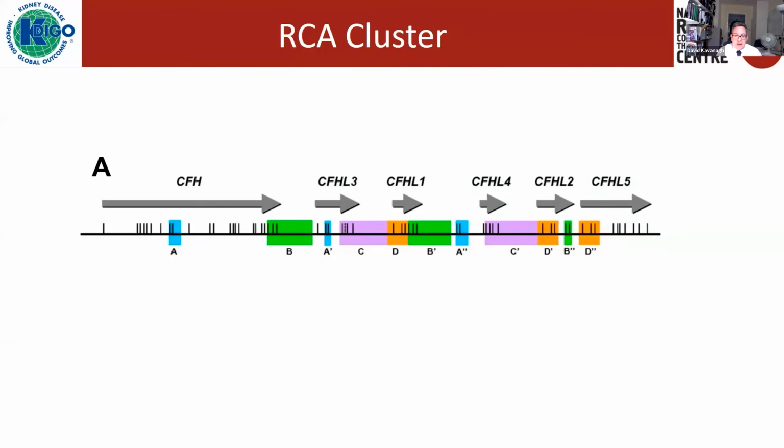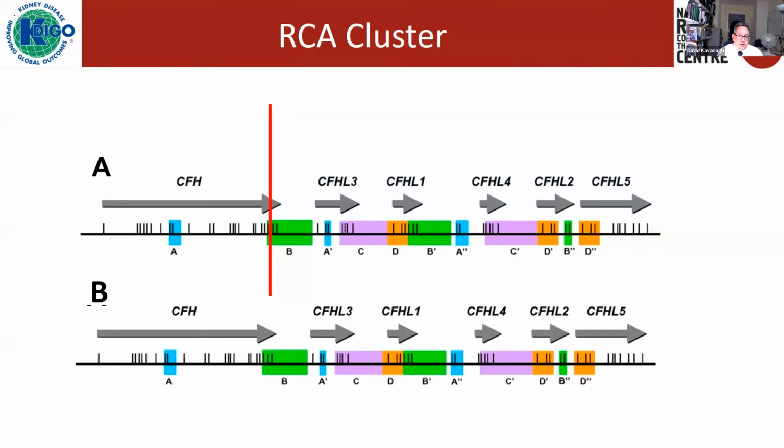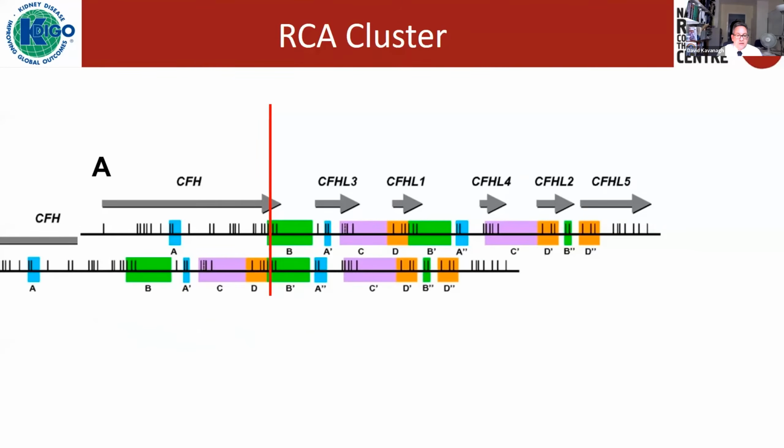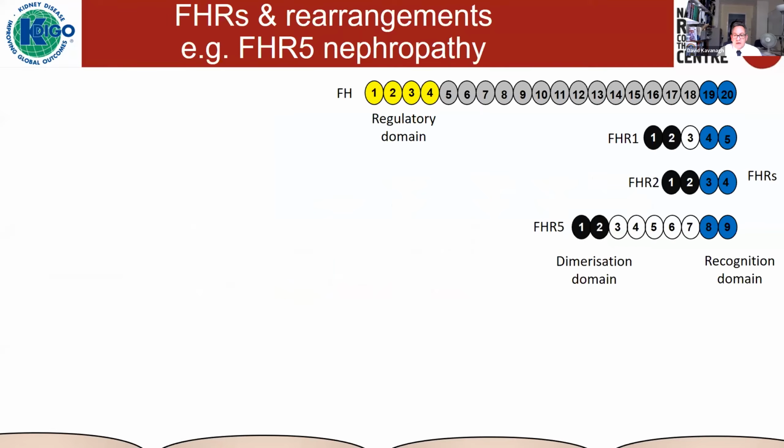Now, because of the homology in this area, what can happen is that when you get this break, the template is misaligned and you can get hybrid genes. And we're increasingly finding in C3G that you can get these hybrid genes.